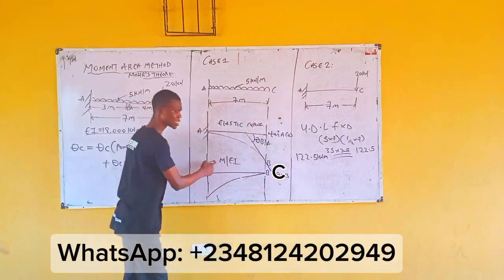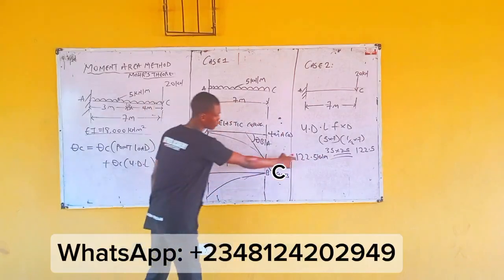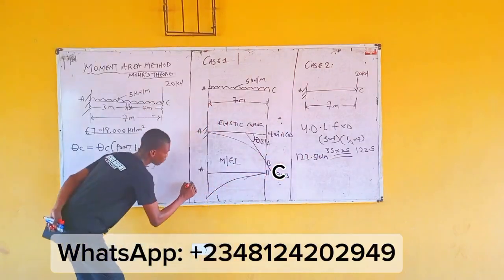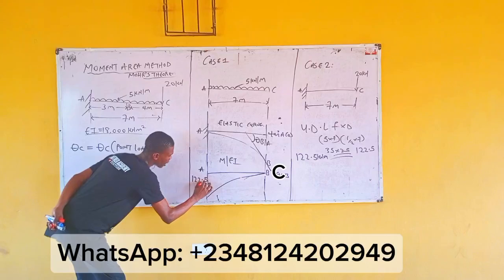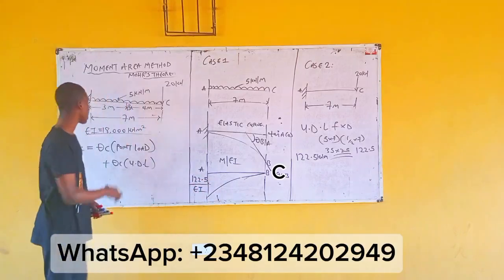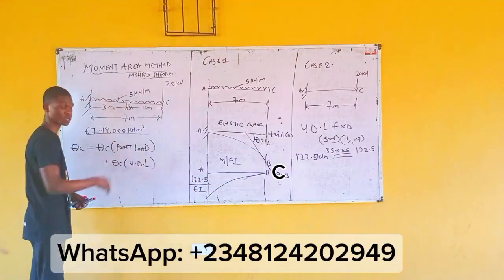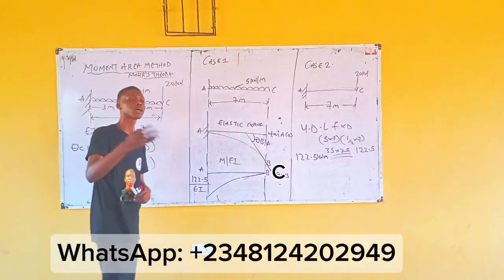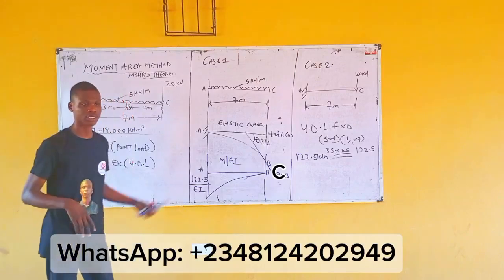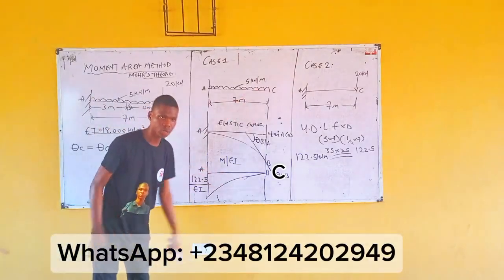But the diagram is the M by EI diagram, so this value is divided by EI: 122.5 divided by EI. Don't substitute EI yet; later on you substitute. So that's it. You have considered this UDL.